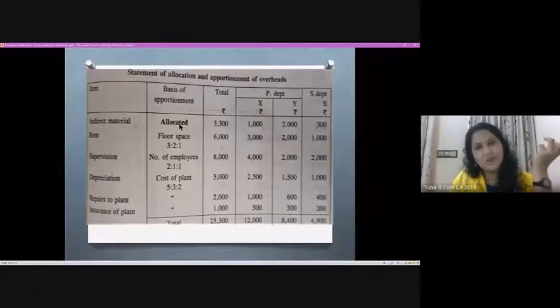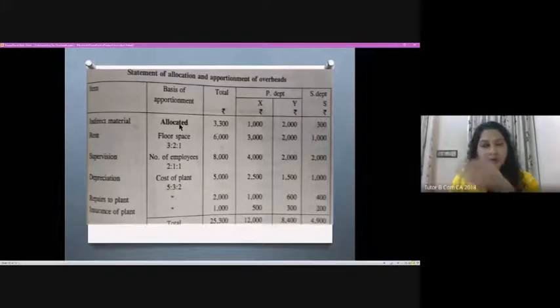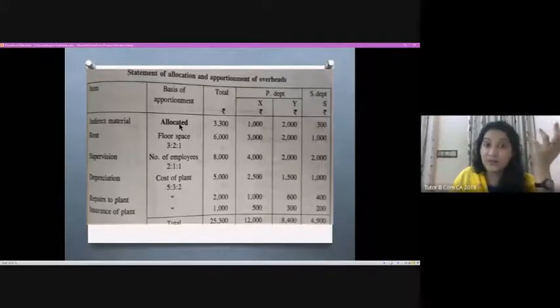So when we are talking about proportionate allocation, we need a basis on which this needs to be allocated. That is why we say proportional allocation. That basis would be given in your question from the exam point of view, but we really have to select the one which logically suits your particular expense. That's actually very important for us. So that part we will have to be very familiar with.